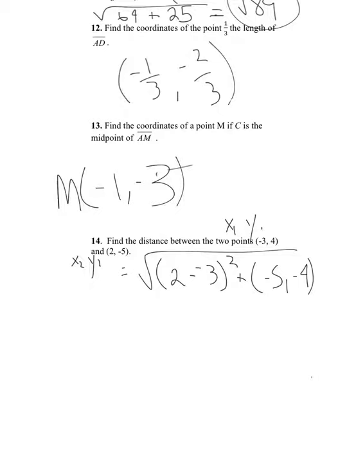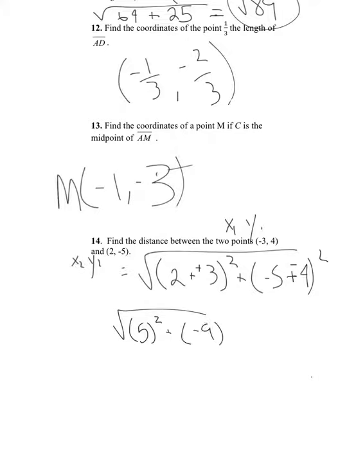So that squared, this becomes plus. You're going to get 2 plus 3, which is 5. I don't know why I put a line right there. It's -5 minus 4. And that is going to be plus a negative.